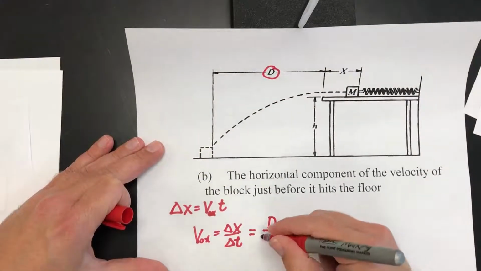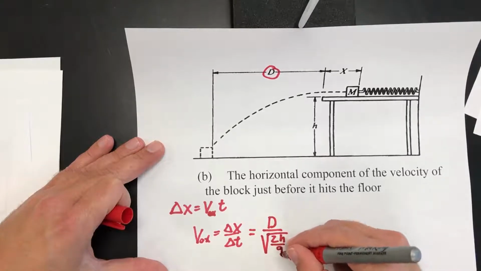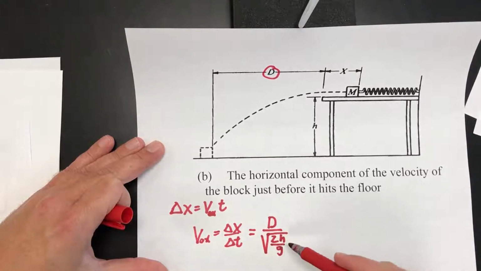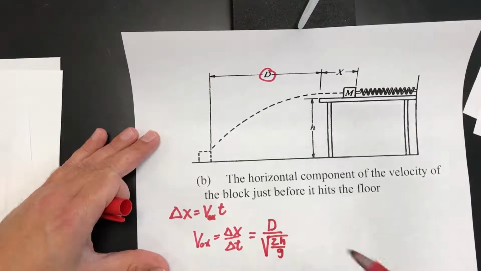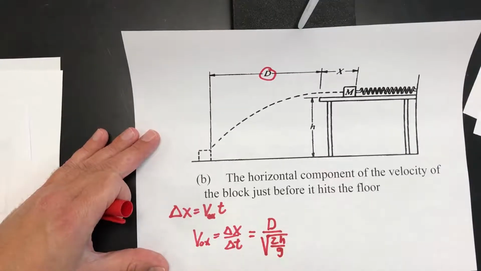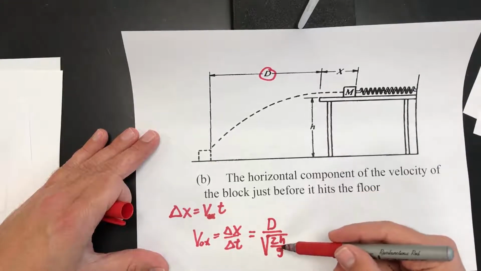So we have to plug all of that down into the denominator. Now I know in math class they say you can't put a radical down in the denominator, but that's okay in this case. They won't take off points if you leave it in that form. So that is what the horizontal velocity must be to cover a distance d in that amount of time.